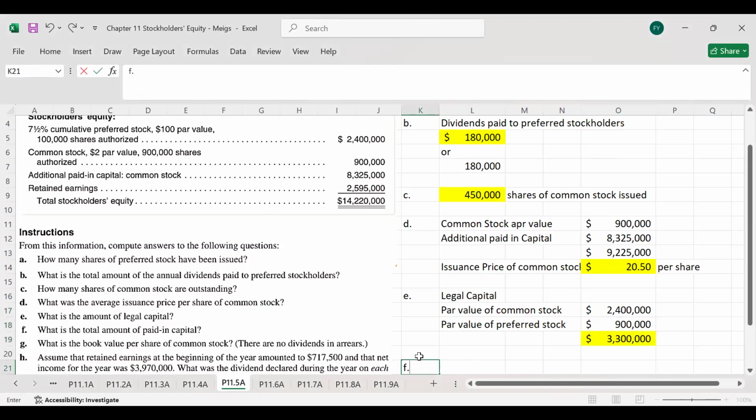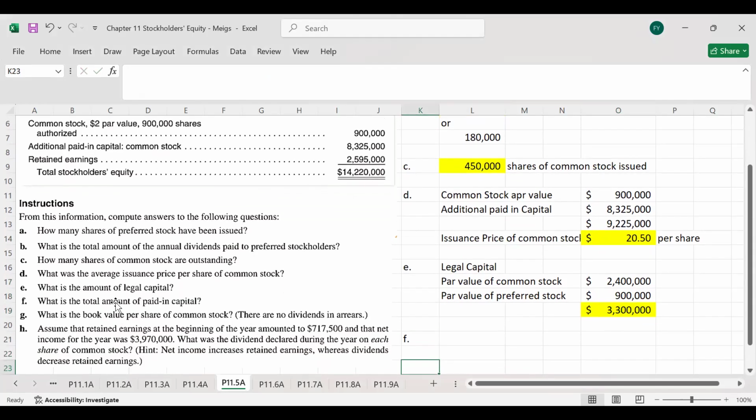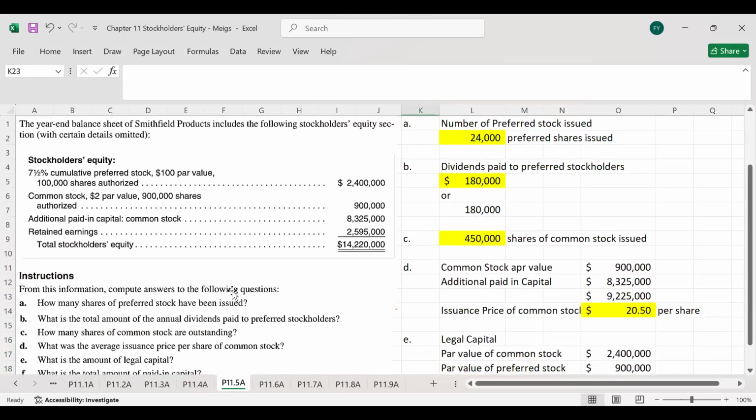The next requirement: what is the total amount of paid in capital? We have prepared, in previous lectures, the stockholders' equity section, in which we calculated total paid in capital. Total paid in capital represents three things: the par value of cumulative preferred, the par value of common, and any additional paid in capital.